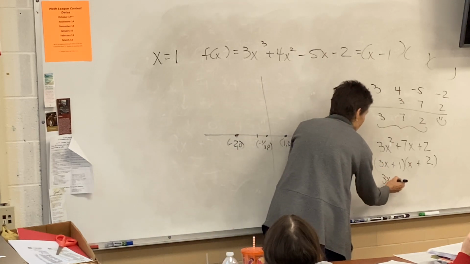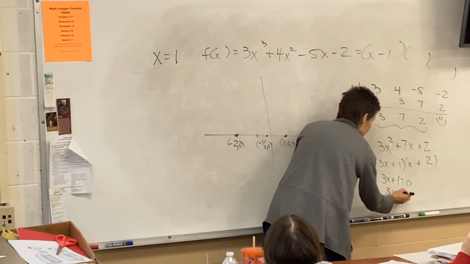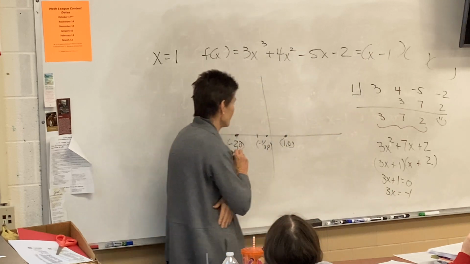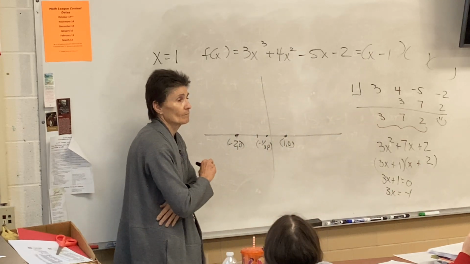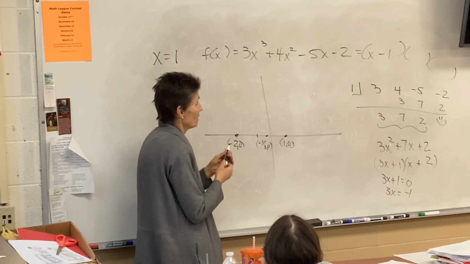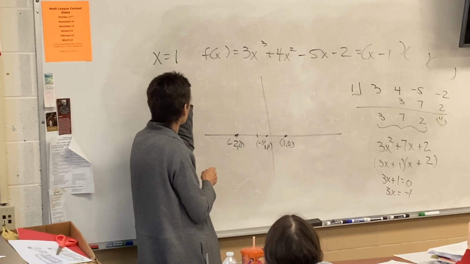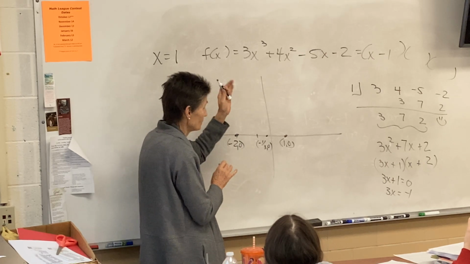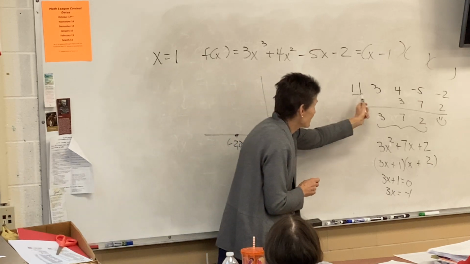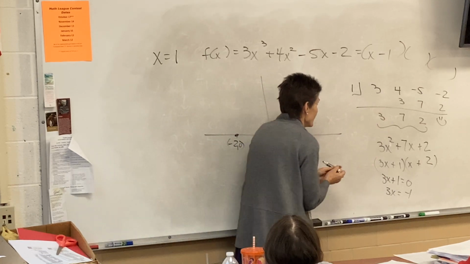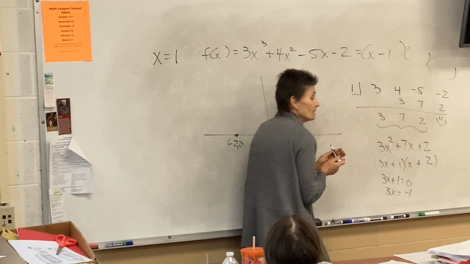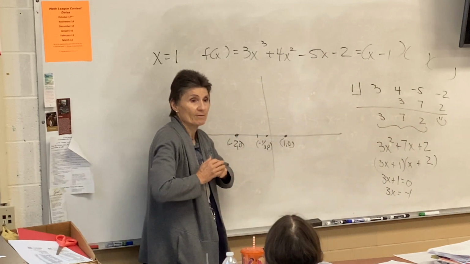You set this equal to 0, and you're gonna get -1/3. So given 1 zero, they told you 1 was a 0. We divided it out, and this part right here left me with the others.